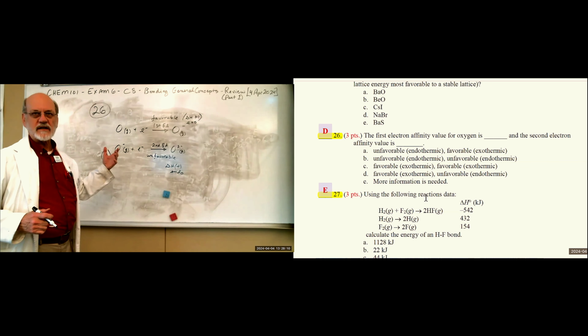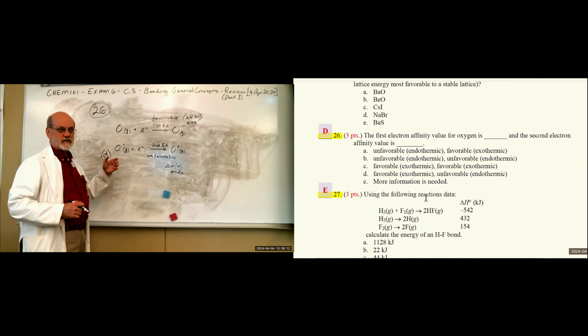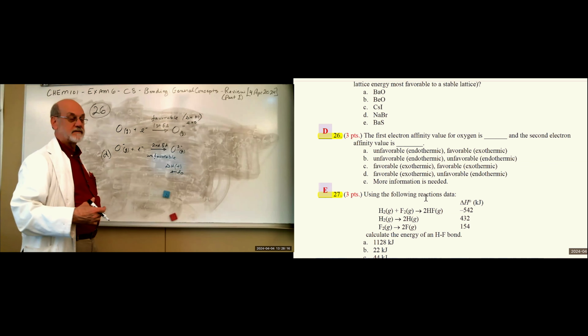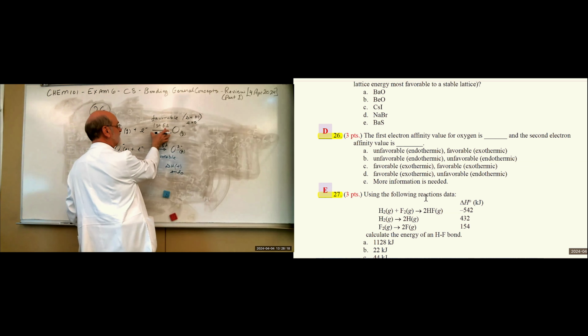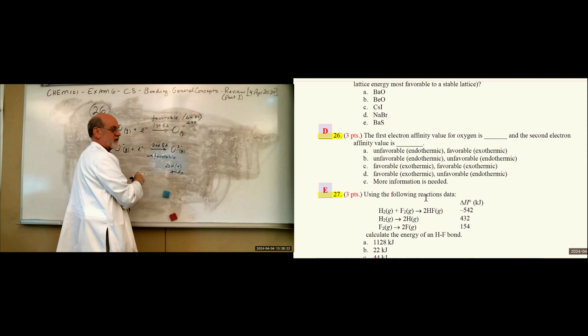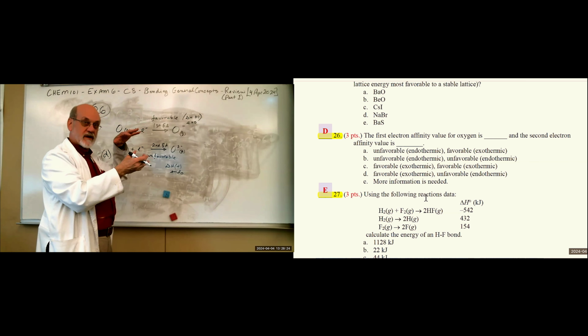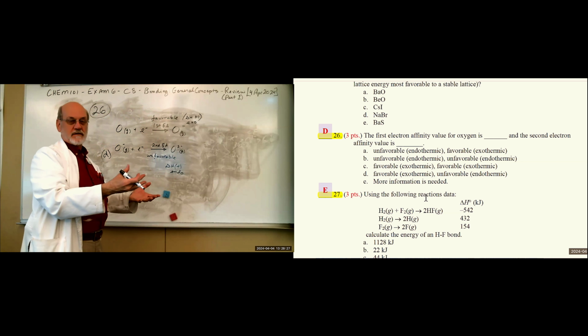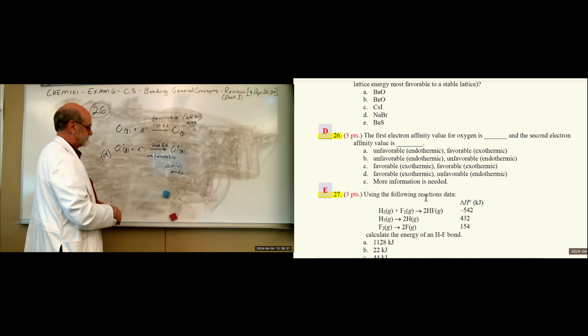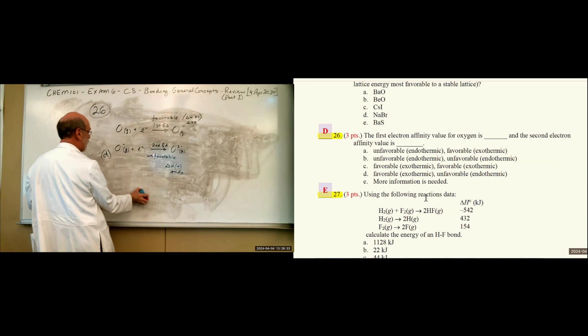So how do we get to our octet if this one's unfavorable? It's a summation of the two. This one is exceedingly favorable. Much, much more favorable than this one is unfavorable. So when you put them together, overall, the formation of the 2- ion is favorable. That's the only way I can reason it.